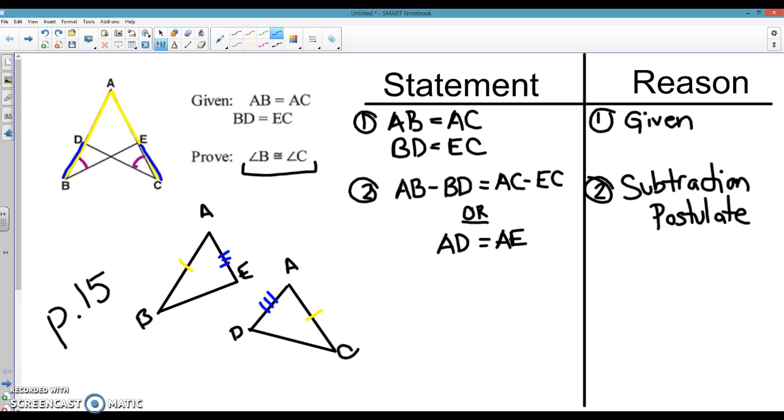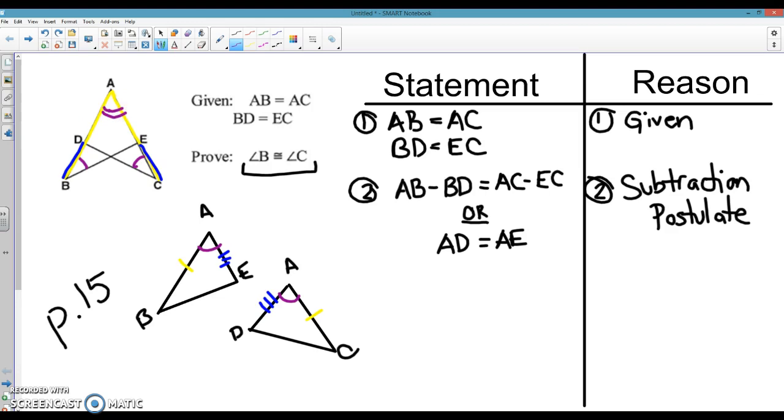And now if you take a look at these two triangles, or if you take a look at the original problem, you have to ask yourself, do these triangles have anything in common? Do they share anything? If you look closely, you're going to notice that there's an angle A here and there's an angle A here, which the angle A also exists up here.